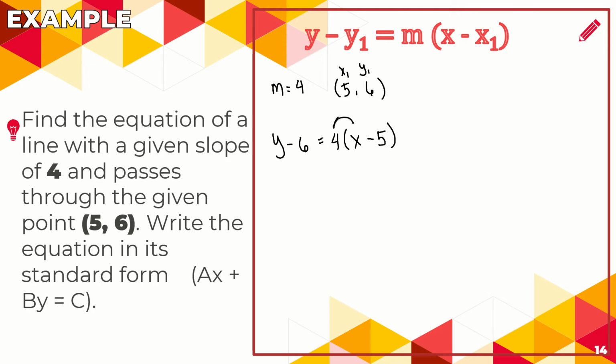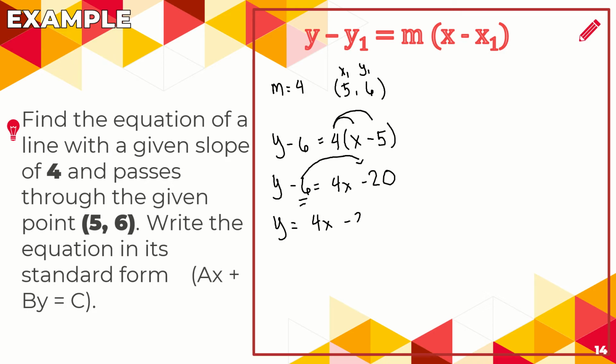We have y minus 6 equals 4x minus 20. Next is to move negative 6 to the other side of the equation. From negative 6, it will become positive.